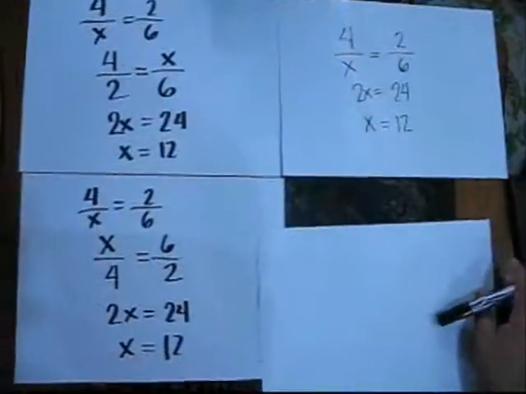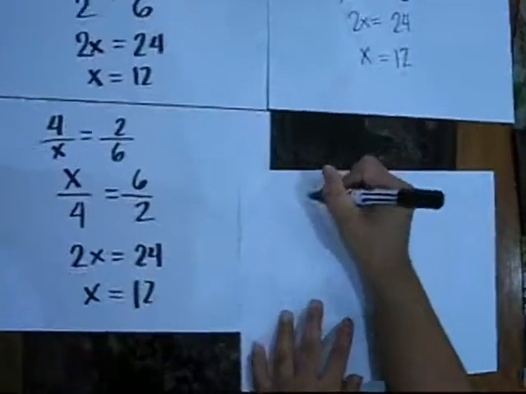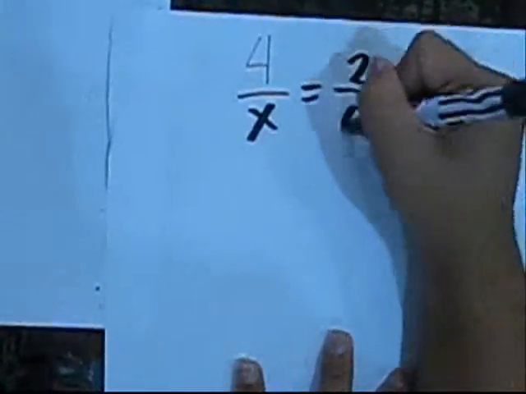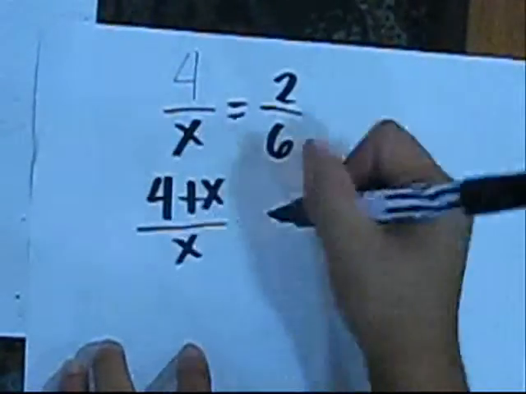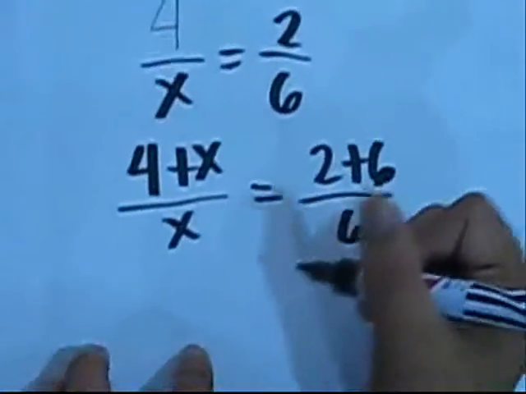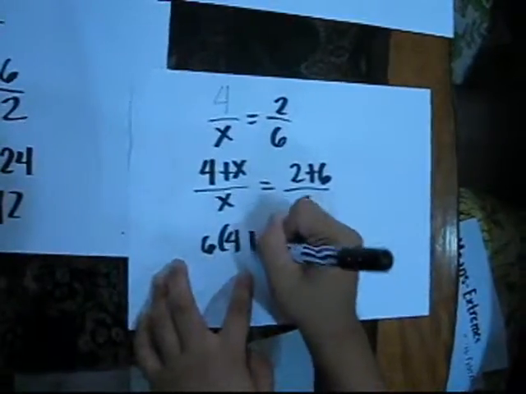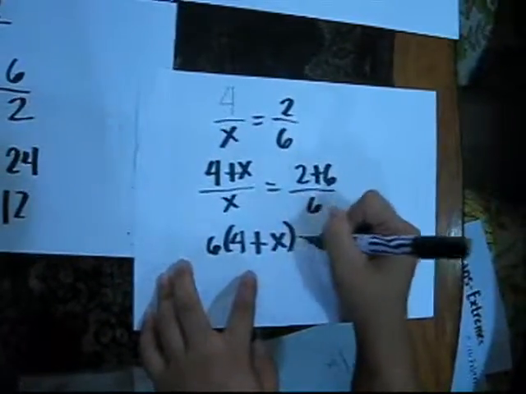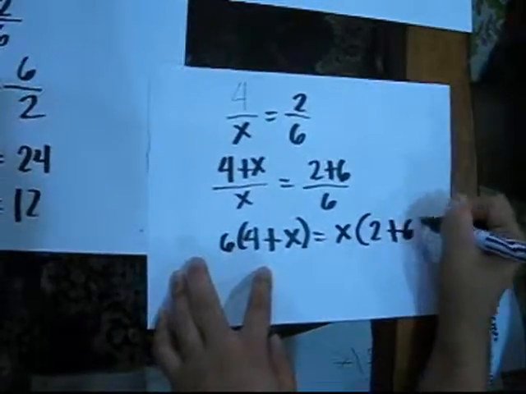The fourth method we're going to use is the denominator addition law of proportion. 4 over x equals 2 over 6. So we have 4 plus x all over x equals 2 plus 6 all over 6. We're going to cross multiply, so we have 6 times the quantity 4 plus x equals x times the quantity of 2 plus 6.